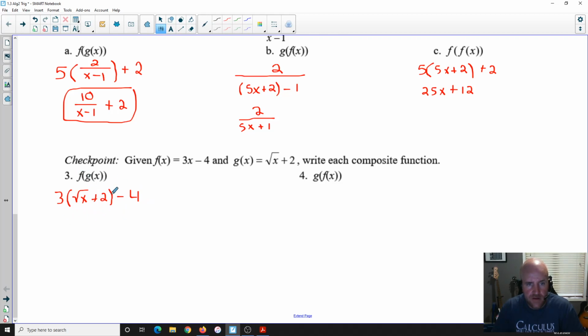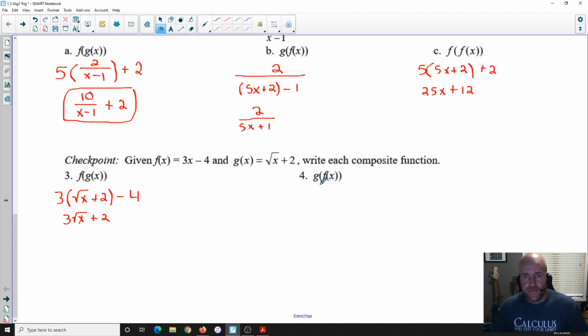And now we can distribute here. So 3 times the square root of x, and this is how we write it. Just 3 on the outside of the root. So 3 root x is how you say that. 3 times 2 is 6, and then we're going to take away the 4. So we end up with a positive 2. And that's our final. 3 root x plus 2.